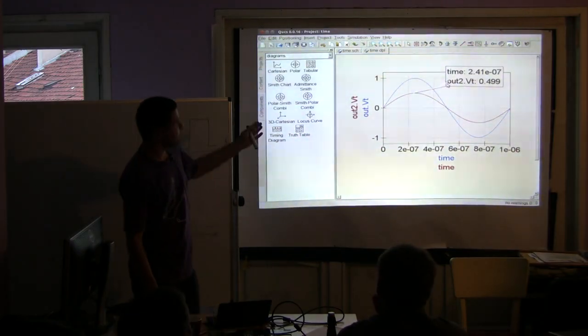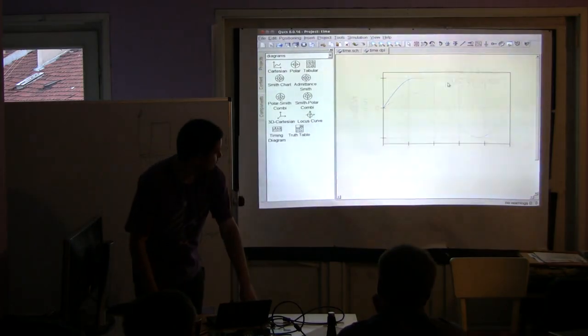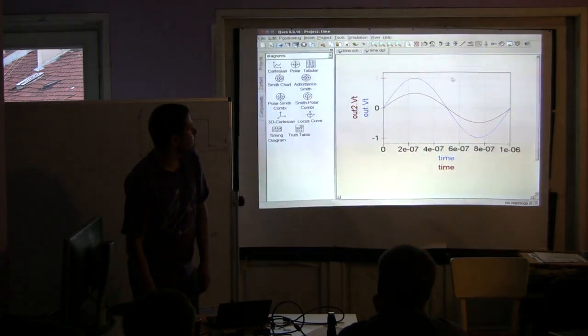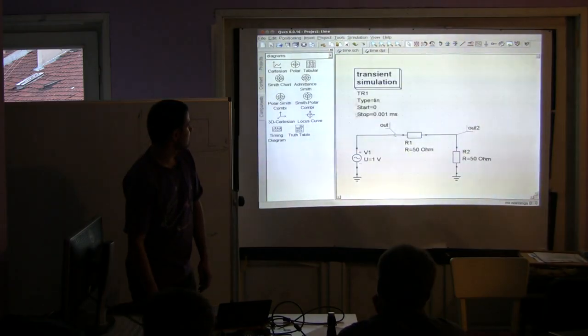It's obvious that it's half the voltage of the input, so we just made a voltage divider, as it's called.